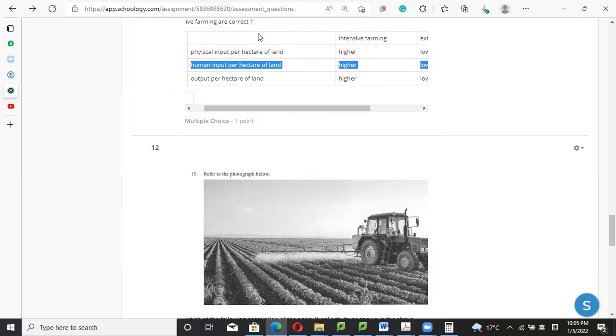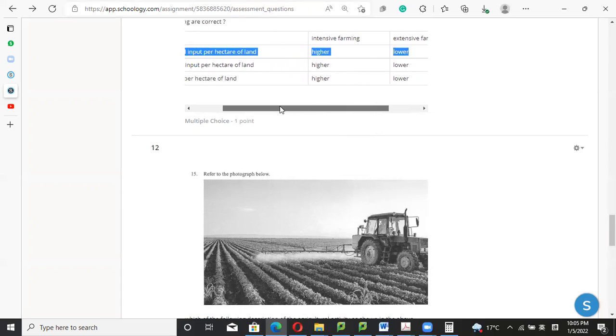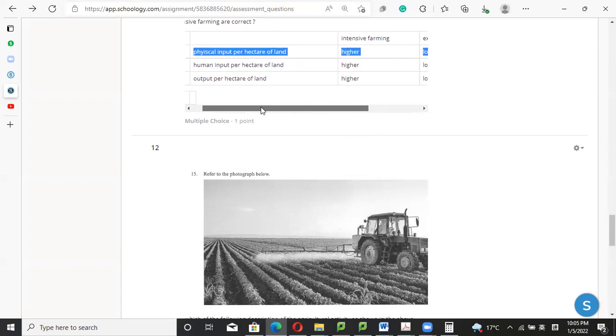So physical input is relatively less for intensive farming, but for extensive farming it should be higher, because as I always said, extensive farming is lazy. So the human is lazy. So who is going to take care of the farmland? Mainly nature; mother nature will take care of the farmland. So the physical input of extensive farming should be higher, and intensive farming should have lower physical input.